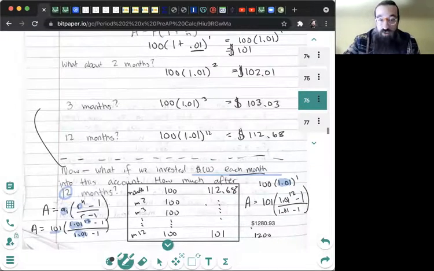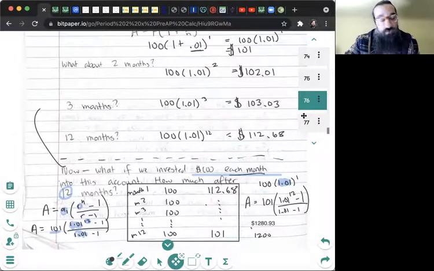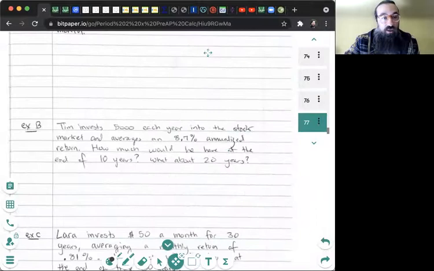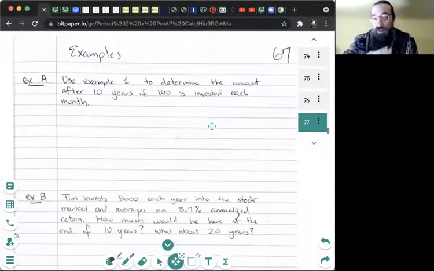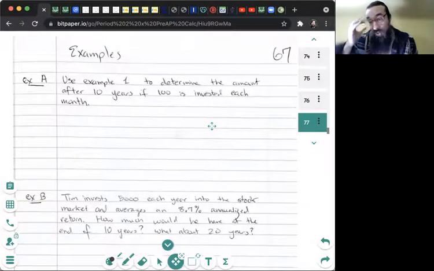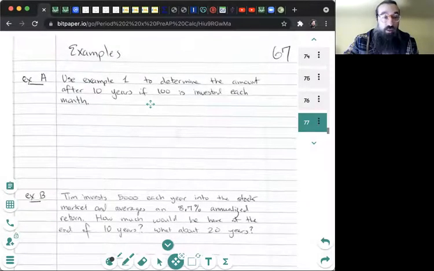That's enough to get you started and ready for the lesson. The lesson is going to continue, or the homework's going to continue. You can see I'm going to briefly put examples A and B, and then I'm going to switch to example C, so you can write that down too. So example A says use example 1 to determine the amount after 10 years if $100 is invested each month.